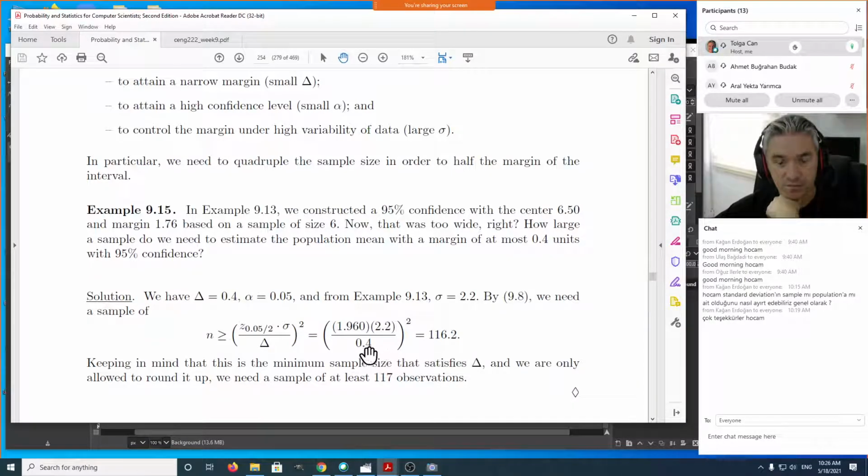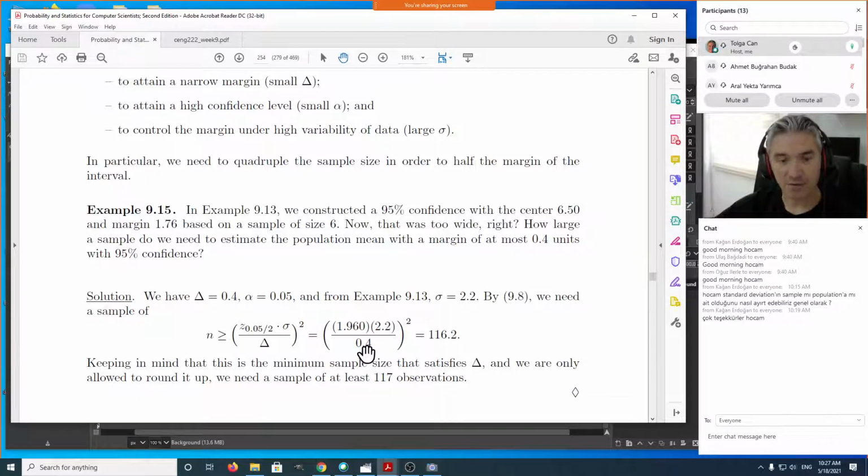What we could do is divide 1.76 by 0.4 to see how much the decrease is going to be, and then take its square root and find how many folds our sample size has to increase. That's basically the same thing, because these parts did not change from the previous case.